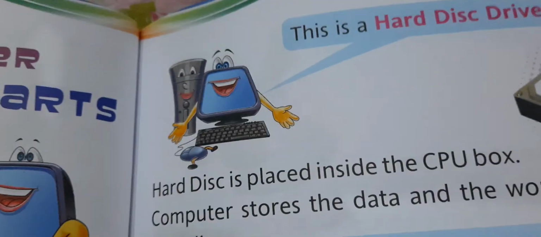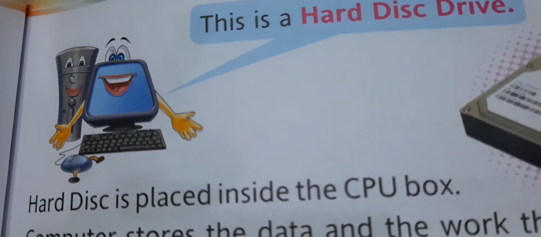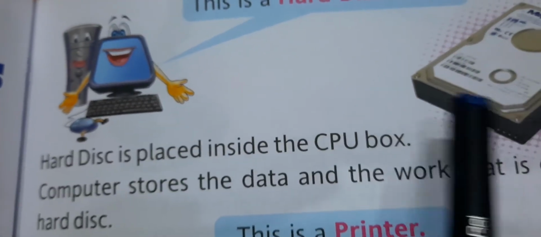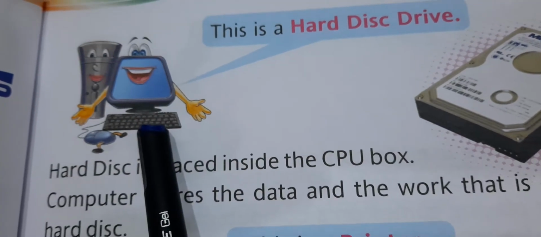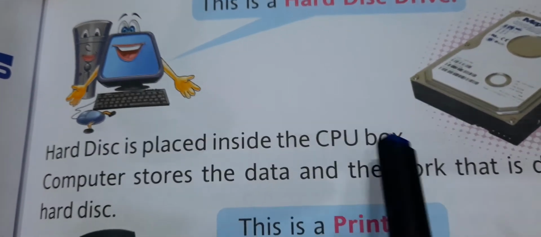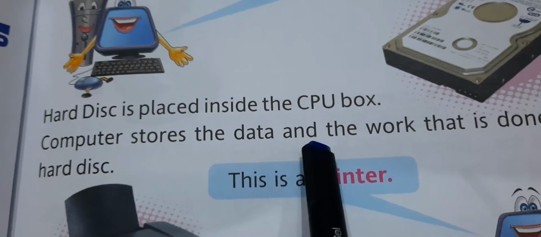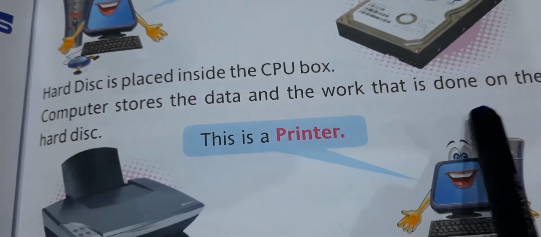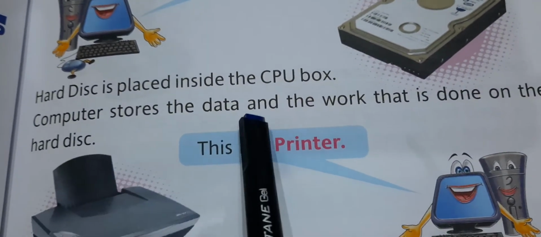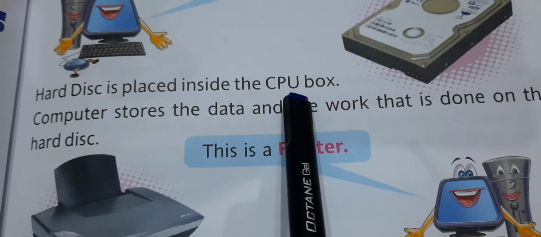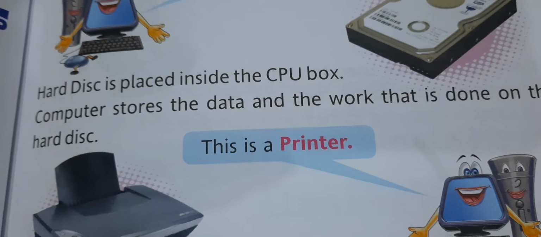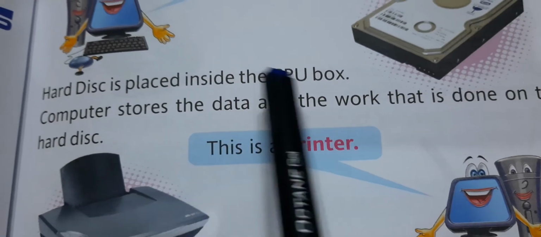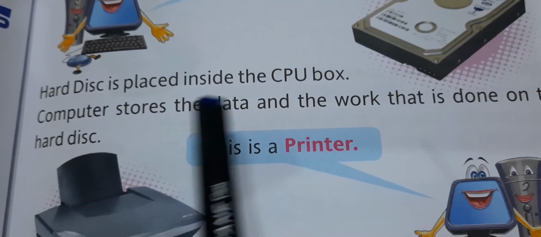Now this is hard disk drive. Where is hard disk? Hard disk is placed inside the computer, inside the CPU box. Computer stores the data and the work that is done on the hard disk. Means it is placed inside the CPU box, and unlike CD and DVD, we do not remove it so often.